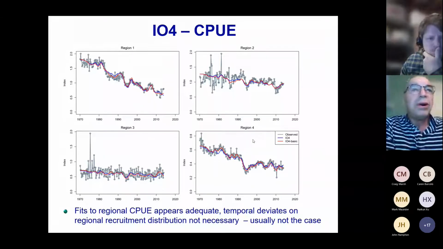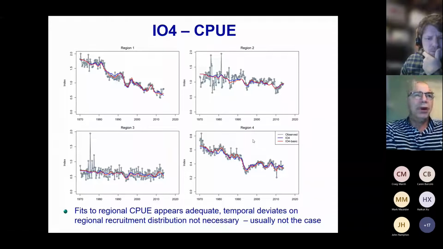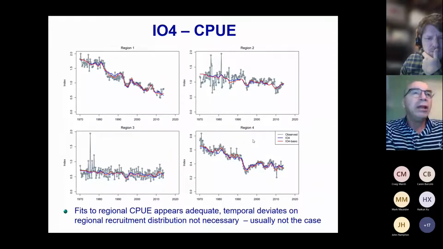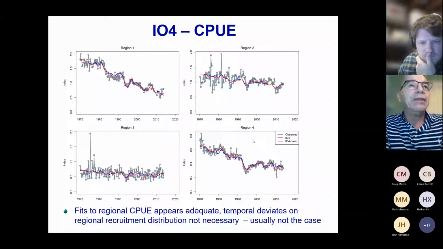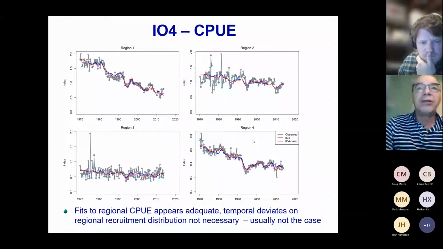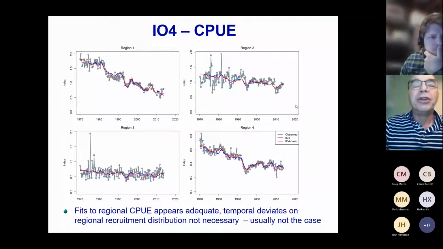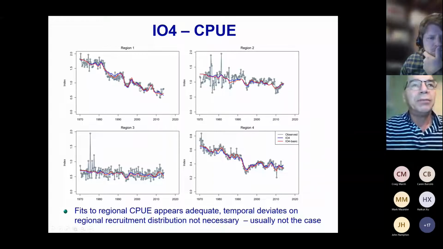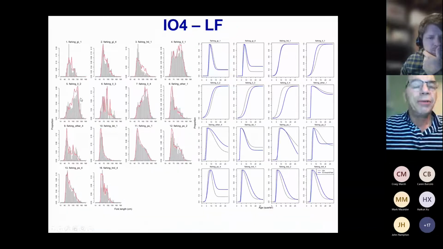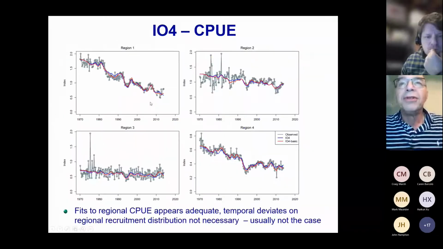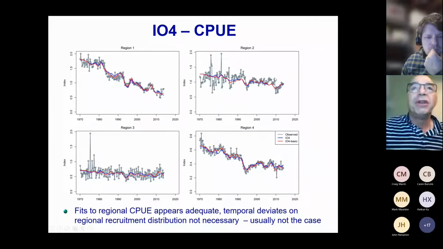In the 4-area model, we do overall quite well in estimating the fit to the index in the 4 areas. I think just as we saw with the multifan model in region 2, this area right here, I don't know if you can see my cursor, but in about 2006 to 2009, there's a large sequence of positive deviations in the fit to the index in area 2.